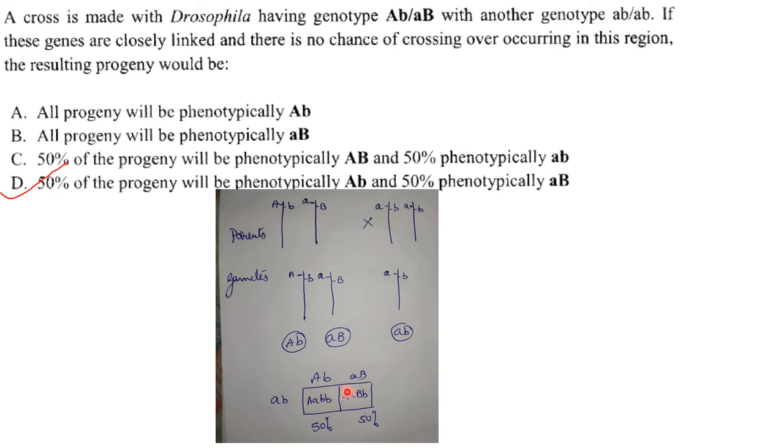And upon crossing, this is the small Punnett square I have drawn over here for showing the crossing, you will see that 50% will be capital A small b, and 50% will be small a capital B. Or I can say that 50% of the progeny will be phenotypically capital A small b, and 50% will be phenotypically small a capital B. So the answer here is option D.